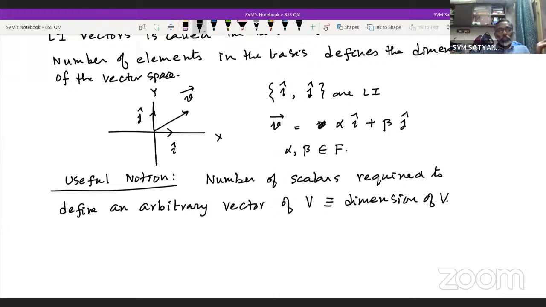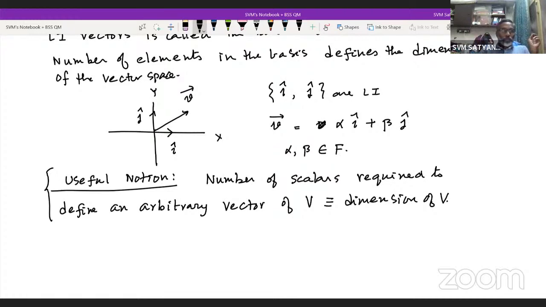I require two scalars, x component and y component. So the number of scalars is 2, so the dimension of this vector space is 2. Now, why I am saying this is a useful notion is because in some other abstract vector spaces, using this notion, it is easy to recognize the dimension of a vector space.